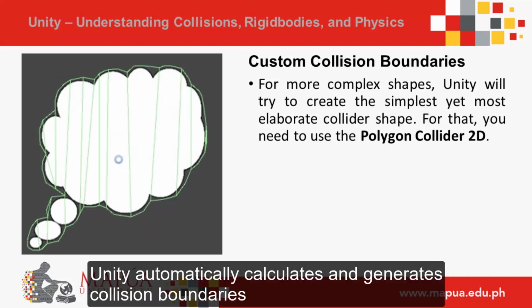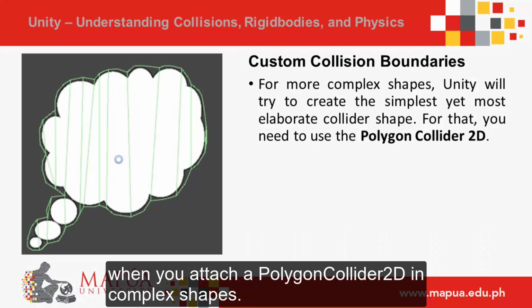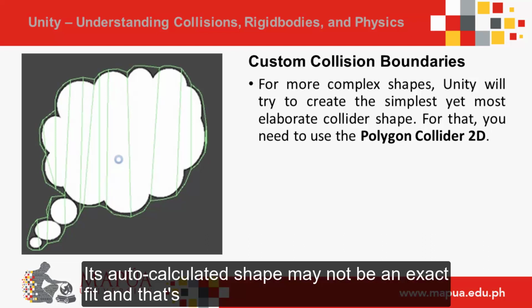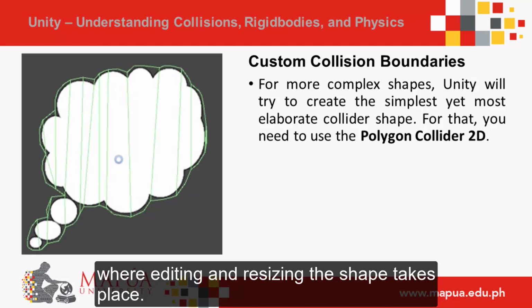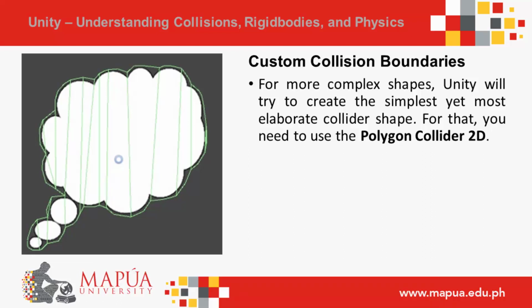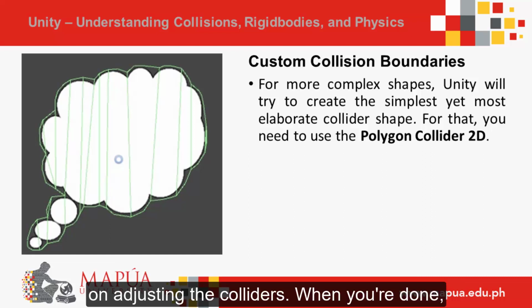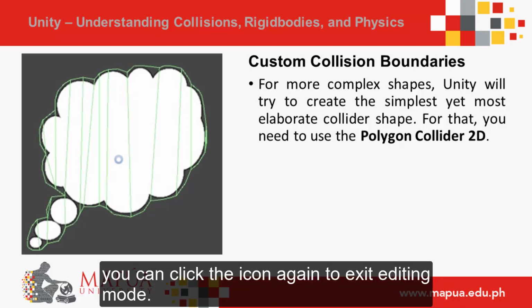Unity automatically calculates and generates collision boundaries when you attach a polygon collider 2D in complex shapes. Its auto-calculated shape may not be an exact fit, and that's where editing and resizing the shape takes place. Click on the Edit Collider icon and try experimenting on adjusting the colliders. When you're done, you can click the icon again to exit editing mode.